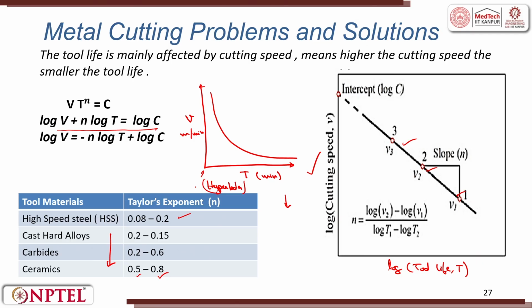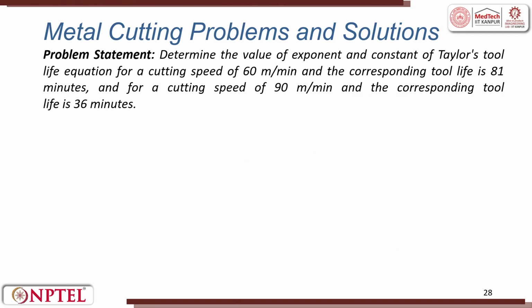So let me come to the problem statements directly. First problem says determine the value of exponent and constant of Taylor's tool life equation for a cutting speed of 60 meters per minute, and the corresponding tool life is 81 minutes. And for a cutting speed of 90 meters per minute and corresponding tool life is 36 minutes. We have been given the values of the cutting speeds and the values of T here.